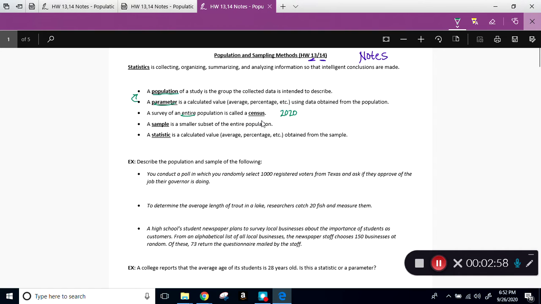And also to determine how many electoral college votes a certain state has. There are a lot of different things, but the main thing might be to get federal funding. They want to be sure and count everybody.